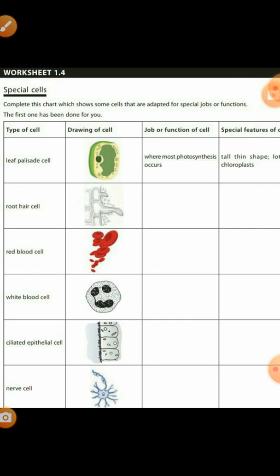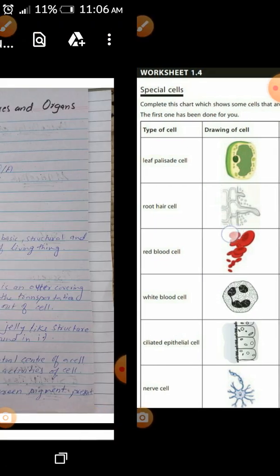There is a worksheet here. You have to write the jobs and functions of the cells. Complete this chart showing some cells that are adapted for special jobs or functions. There are some example pictures here. You have to fill this and print it out, and when you print it out, you will attach it in your copies.